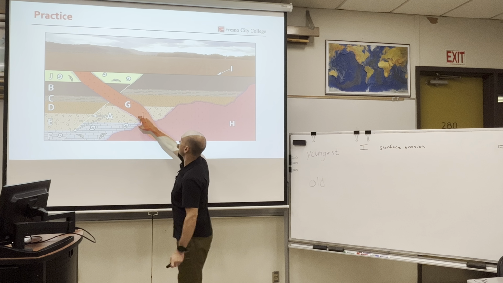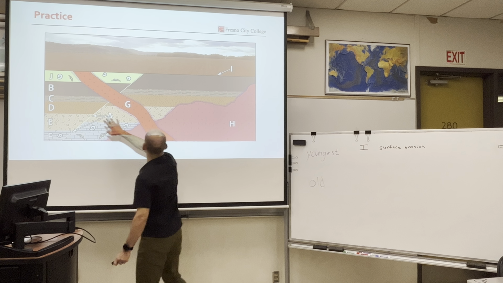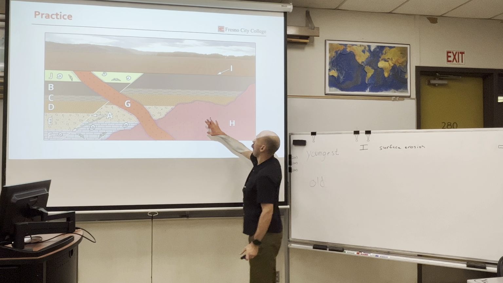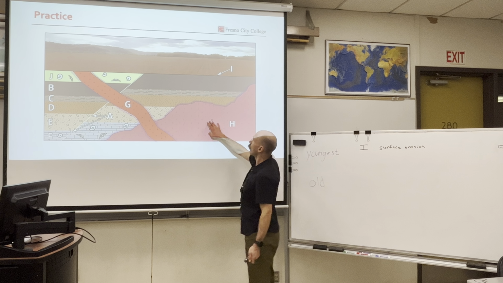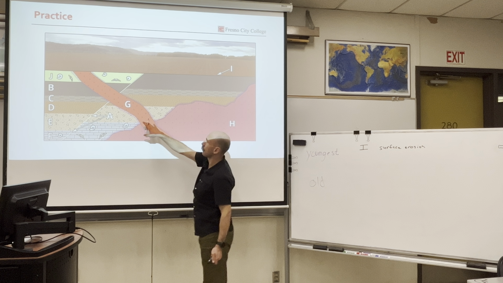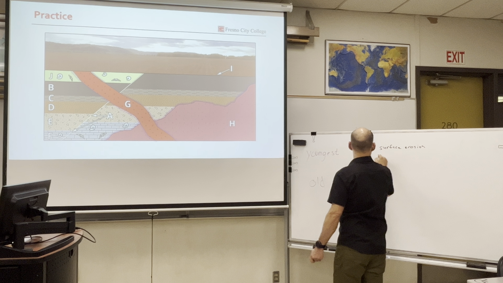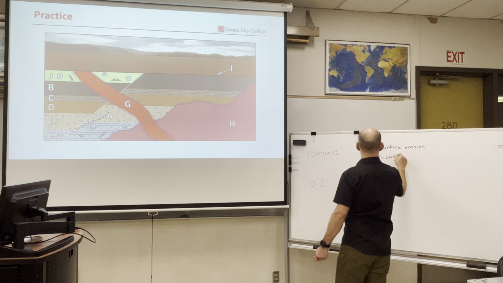G is an igneous dike, cuts across all the layers, cuts across this fault, cuts across this igneous intrusion here. So G is going to be the next youngest. Cross-cutting.